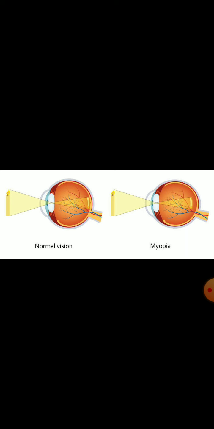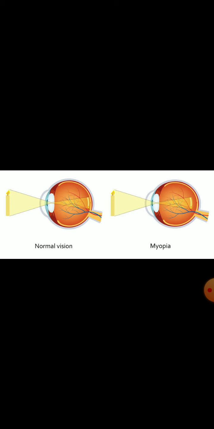A person with this defect has the far point nearer than infinity. Now, in our previous session, we learned about near point and far point also. What is the meaning of far point? The point up to which the eye can see objects clearly is called the far point of the eye. The farthest point up to which a person can see.